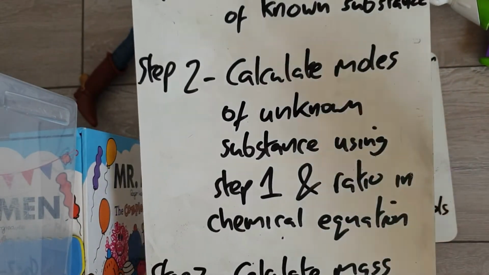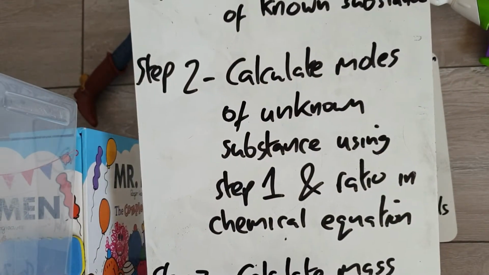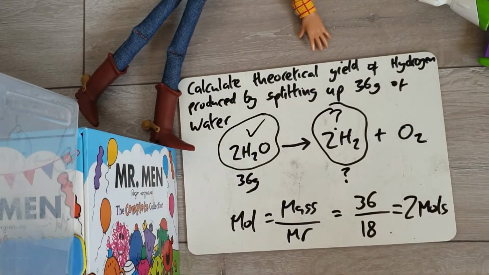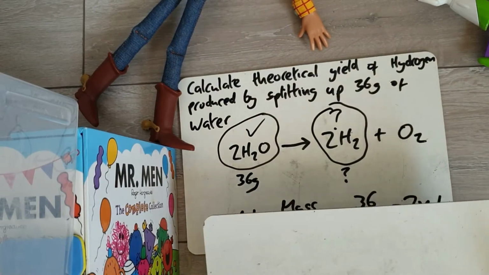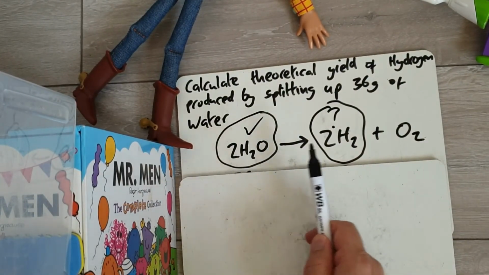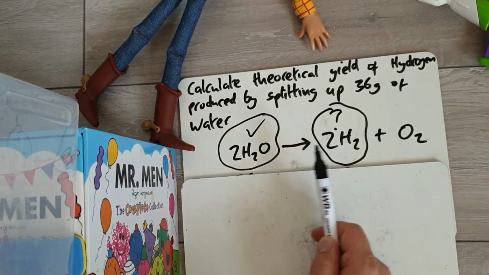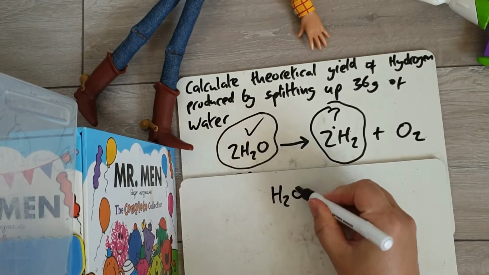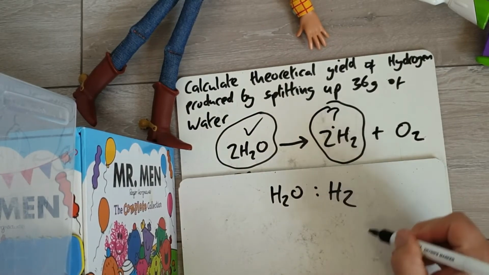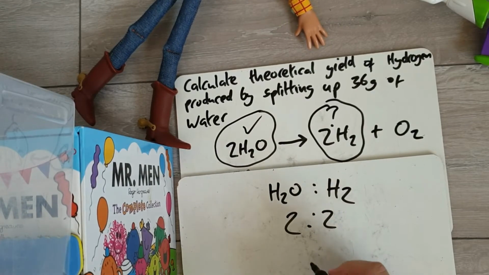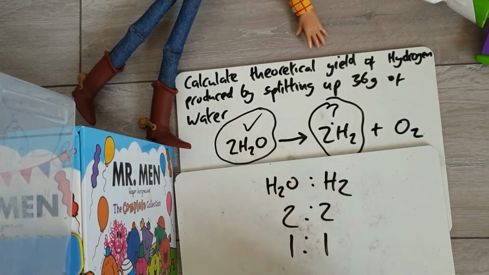Calculate the moles of the unknown substance using step 1 and the ratio in the chemical equation. So if I just put this over the top. So the ratio is 2 to 2. So which is the same as 1 to 1, right? So the ratio of H2O to H2, we look at the big numbers, it's 2 to 2, which is the same as 1 to 1.